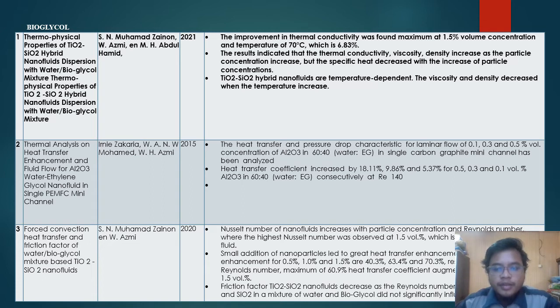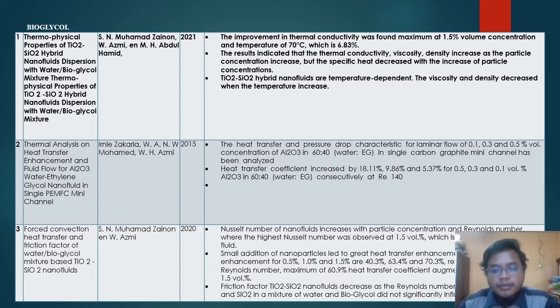Small addition of nanoparticles led to a great heat transfer enhancement. Average enhancement for 0.5%, 1.0% and 1.5% are 43.3%, 63.4% and 70.3% respectively.